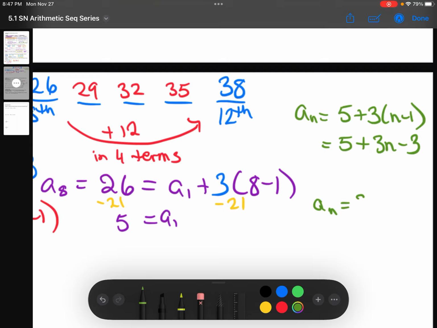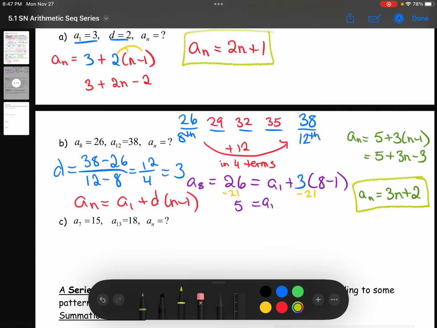A sub n is 3n plus 2. And there is our general term. So we needed to find the common difference, then use it to find a sub 1, and then use that to write the general term.